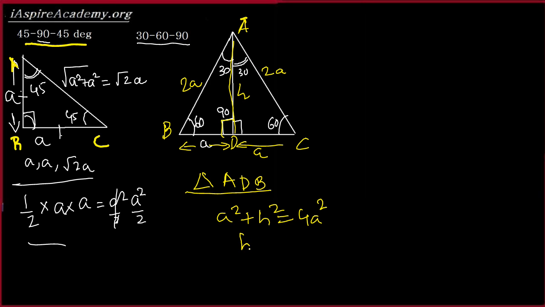So H square equals 4A square minus A square, equal to 3A square. Then H equals root 3 A.